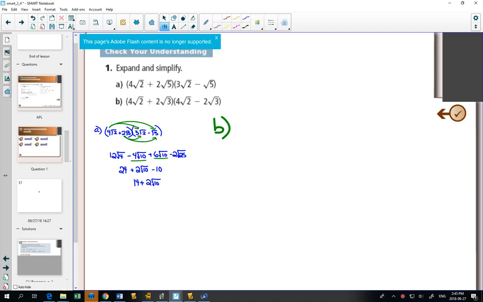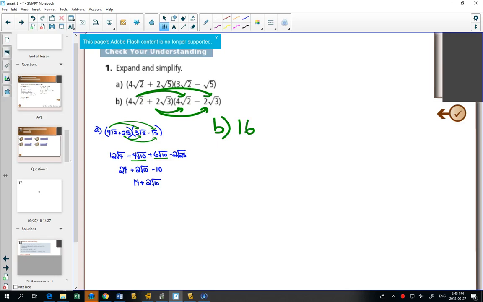Anybody able to do the mental math and see that it's 20? No, not yet? Okay, well, let's do it slowly then. If we multiplied it out, the first ones together, the last ones together, the outside, the inside, and the last. When I multiply the first ones, well, 4 times 4 would be 16.